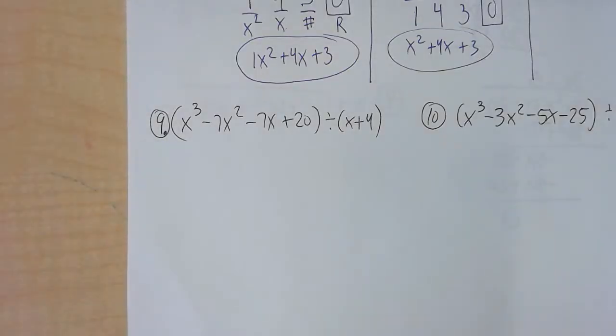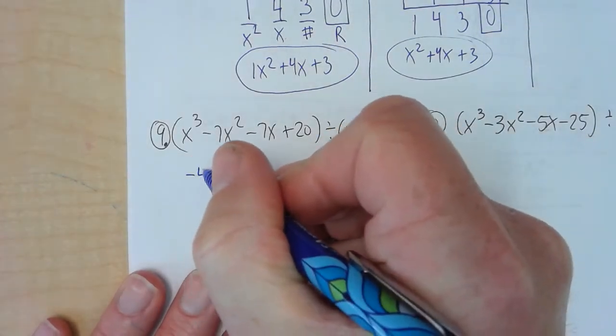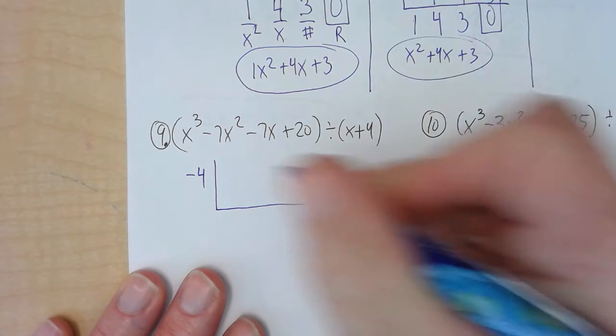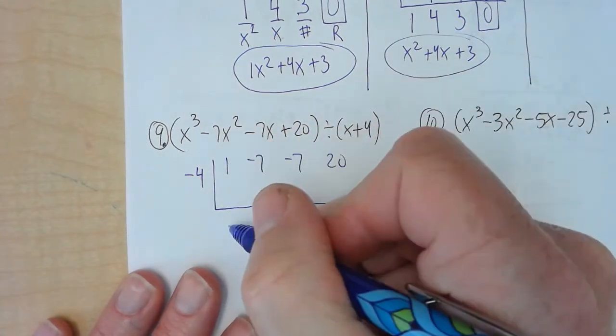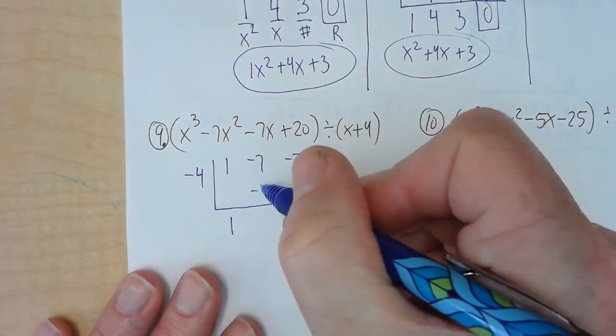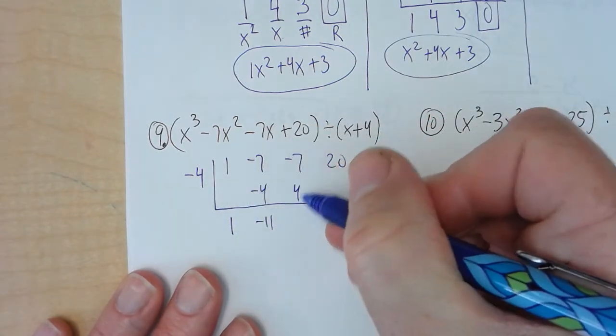All right, so this one has a remainder, so we're going to go through this one to show you what to do with the remainder situation. Change the sign. So we go -4. 1, -7, -7, and 20. We drop this down. We multiply. We add. We multiply. We add.